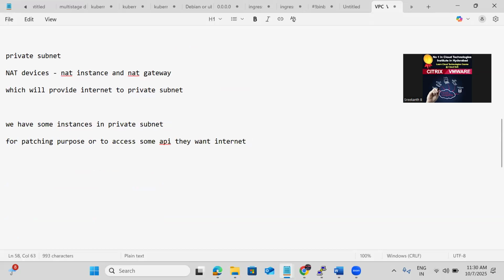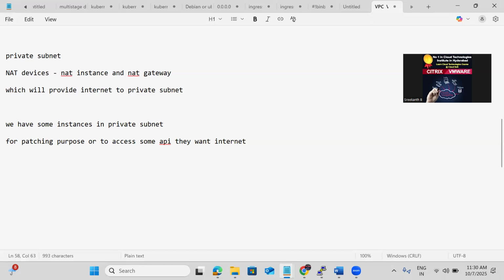At that moment, what we require is to attach a NAT gateway.